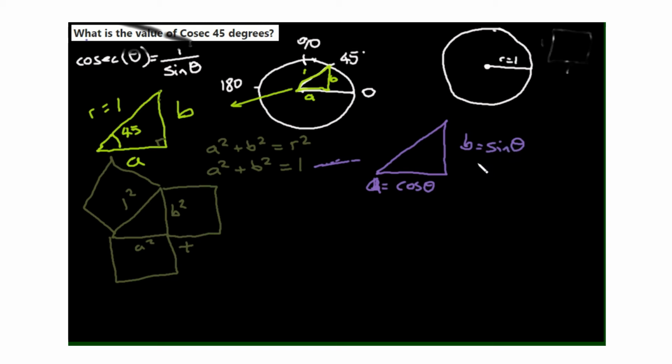Okay? Using this one, B squared here is actually cos squared theta, and A squared equals sine squared theta. So we can swap these around into the trigonometric values. Still got 45 for theta.